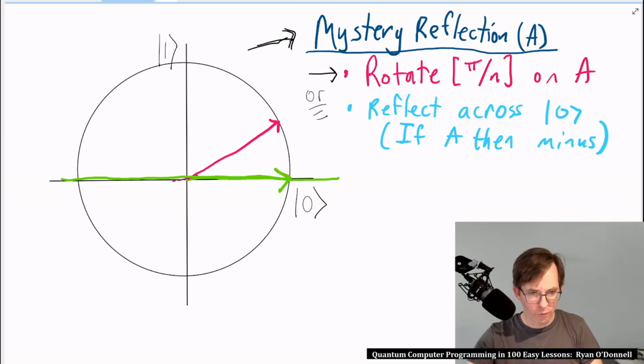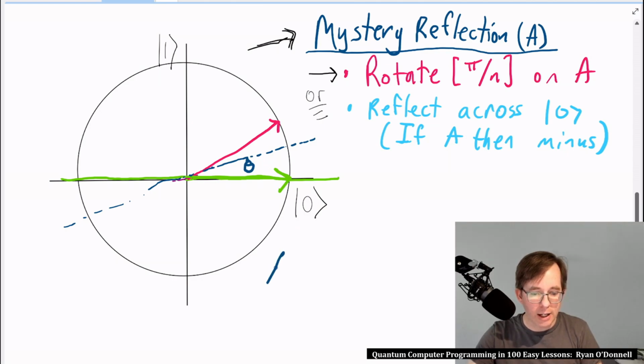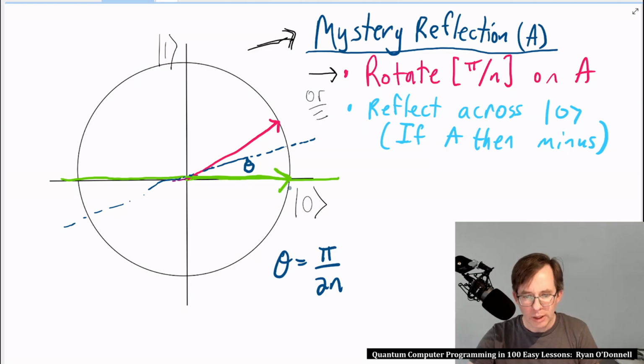The first reflection that I'm going to imagine it might be is this one that reflects through this line here at an angle I'll call theta, but we'll say that theta equals pi over 2n. Okay, so half the angle that we were sort of talking about before. So let me write that here.